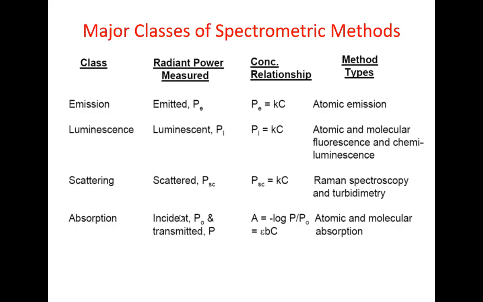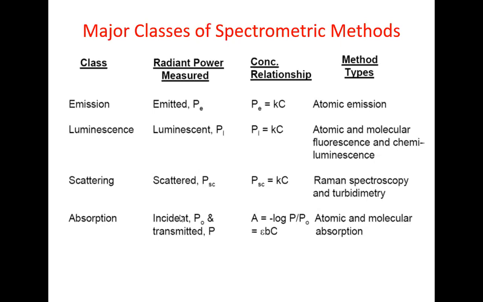Radiant power. Remember in the diagram, A equals minus log T, we encountered that. There is a relationship between P naught and P, the transmitted light. How did we define transmitted light?